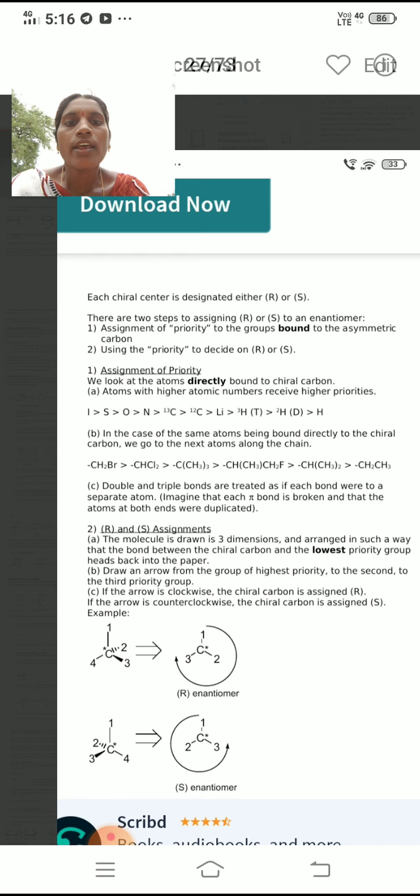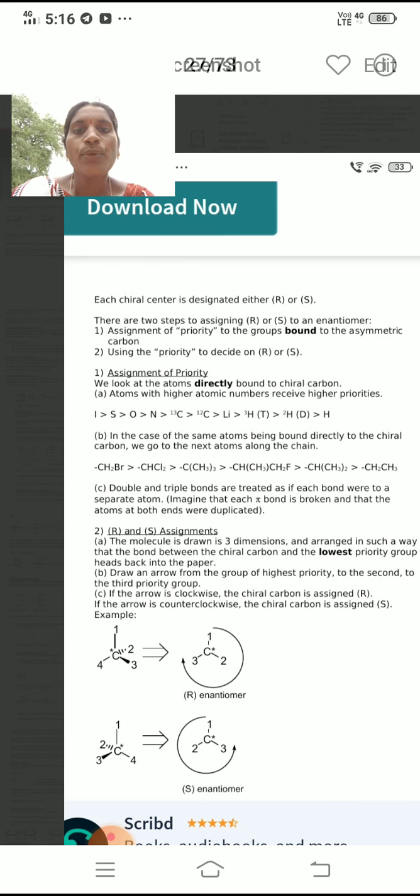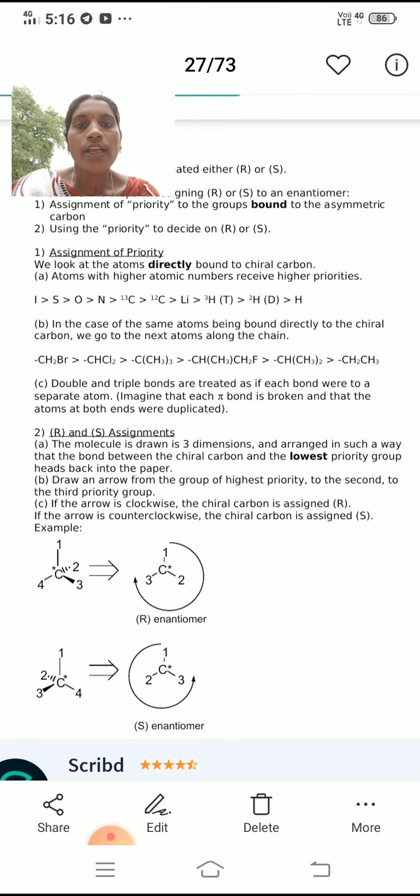Now, how will the priorities be given to the groups or atoms bonded to the carbon atom? Let us discuss how to give the priority. The first rule is the assignment of priority. We look at the atoms directly bonded to the chiral carbon.